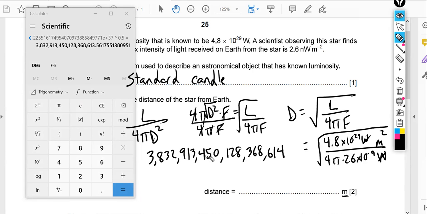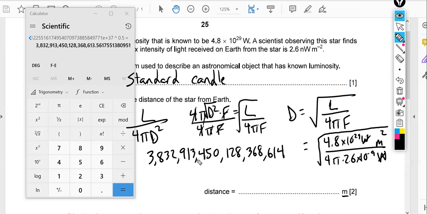Million, billion, trillion, quadrillion, quintillion. It's just 3 quintillion, 832 quadrillion, 913 trillion, 450 billion, 128 million, 368,614 meters away. We could convert that to light years or something, maybe a parsec or gigaparsec.